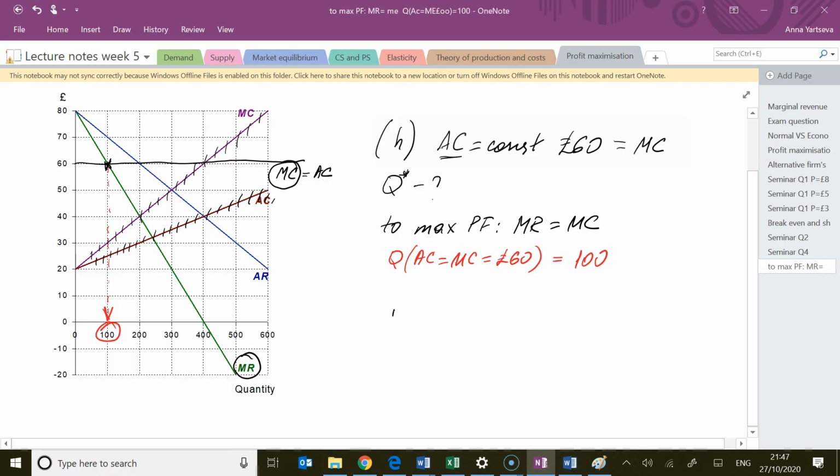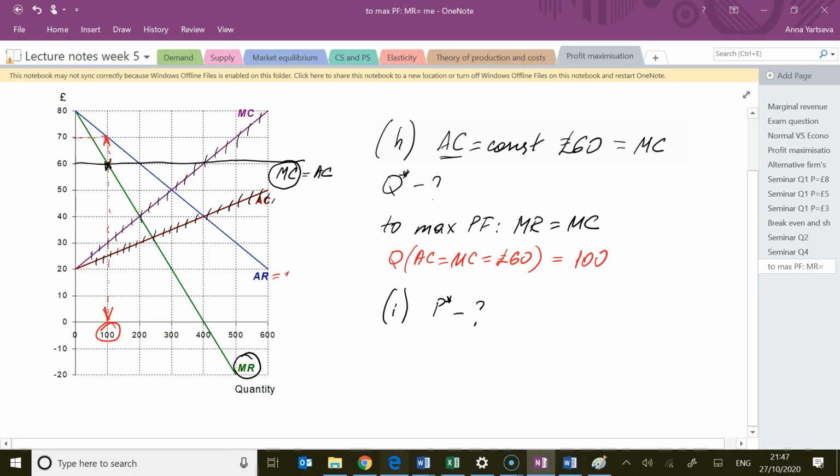Next question, question I. What would be the price in this scenario? What would be the optimal price? The price is determined by the demand curve. So we go all the way up to the demand curve. When we offer to consumers 100 units of output, they will be prepared to pay according to their demand for these particular items.